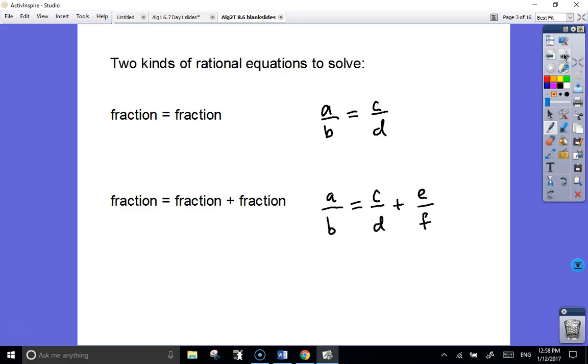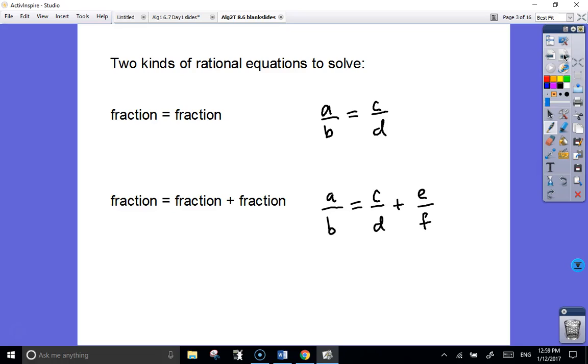I mean, ultimately, these always end up with variables in the denominator, and we need to get the variables out of the denominator so we can solve for them, right? It's going to end up being x equals, you know, and there's your answer. So we need to get them out. So cross multiplying is the quickest way to just get it out of the denominator.